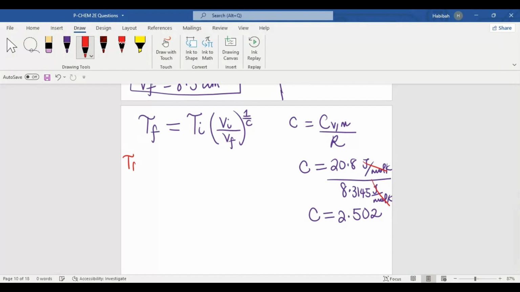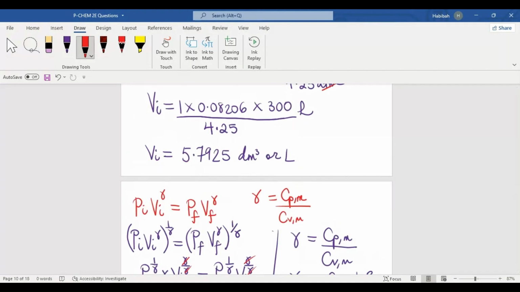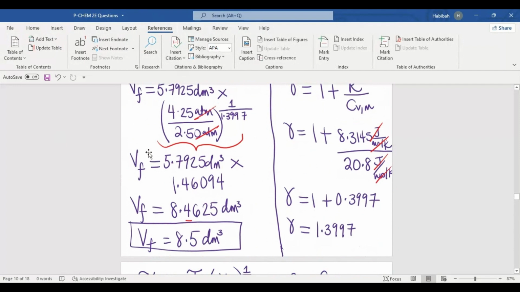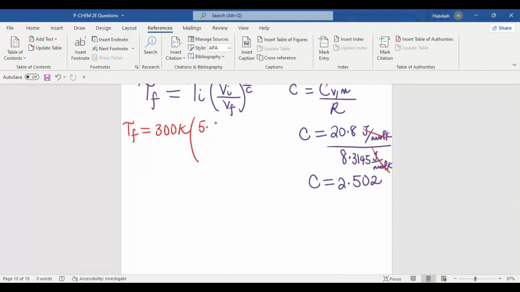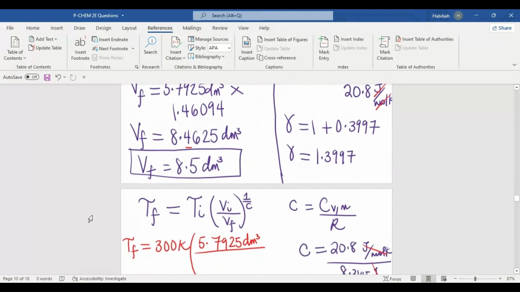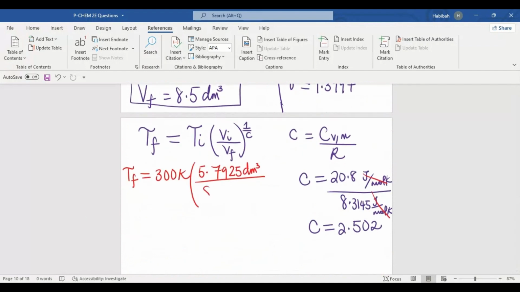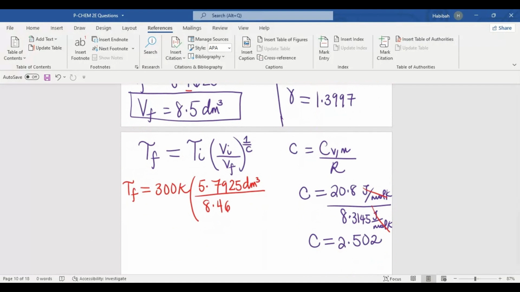So T final becomes T initial, 300 Kelvin, times V initial, which is 5.7925 dm cubed, divided by the final volume, which is 8.4625 dm cubed.